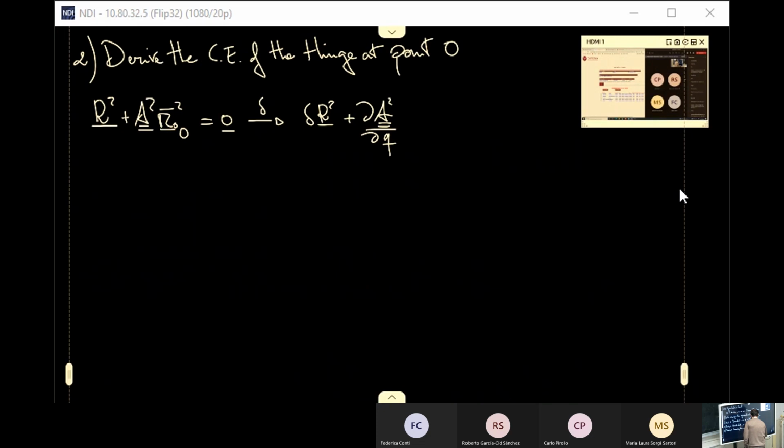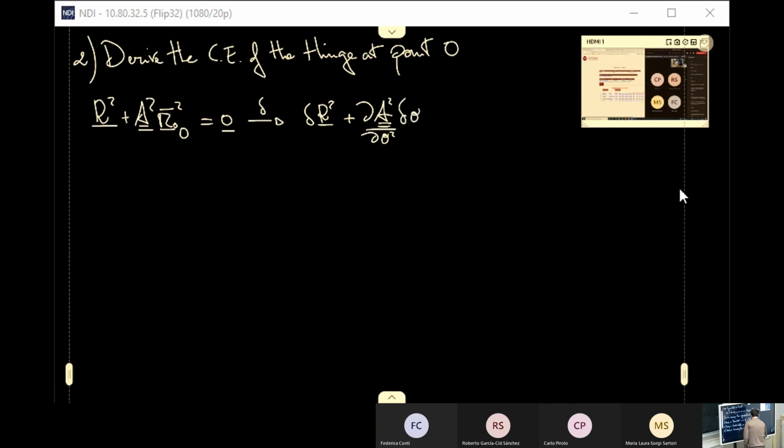So when I do this partial derivative with respect to Q, I could just write it like this. It's exactly the same.